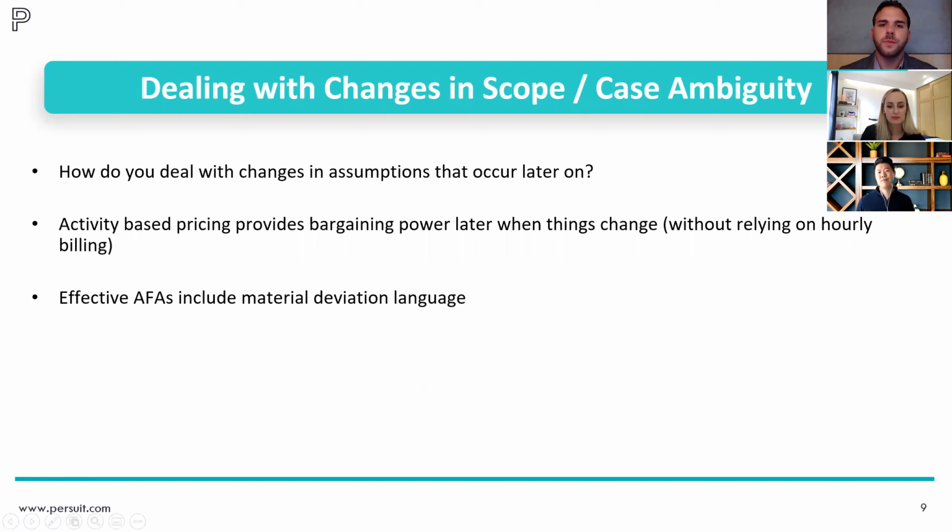But let's assume you make a wrong assumption as a client, you priced only up to the summary judgment motion, and then there's a pending trial looming, and now the leverage shifts to the firm. It's harder for the client to renegotiate now that the firm has done all this work up to this point. As a client, you're in a weaker spot. But if you had that menu, you can always reference it and say, look, you priced us this much per day of trial.